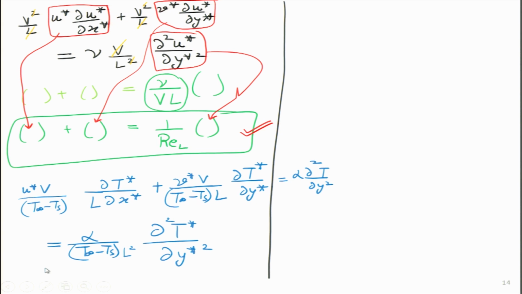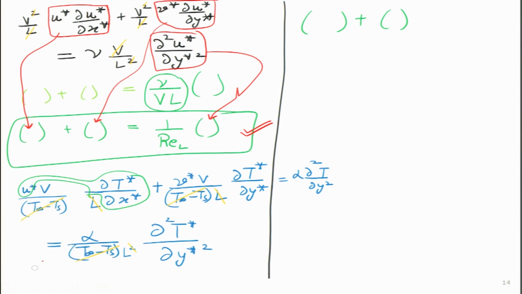Now, we can see this fraction 1 by T infinity minus Ts gets cancelled from all these three terms, right. One of the L's will also get cancelled, and this power will become power 1. Which means what I will get now for the heat equation is the first bracket plus the second bracket. This is my first bracket.